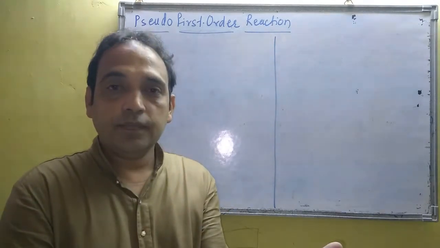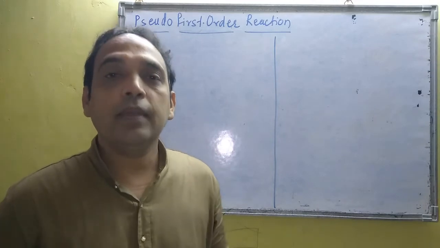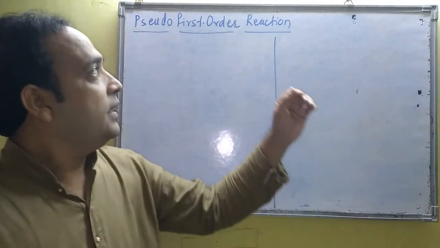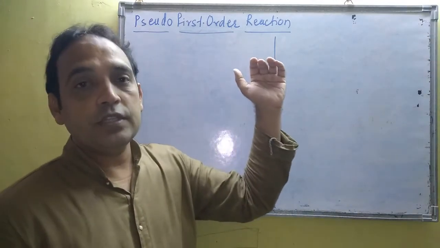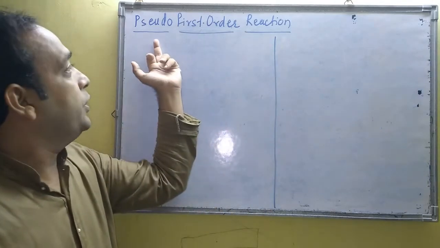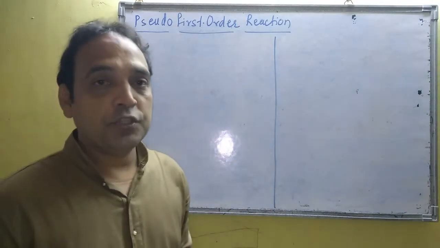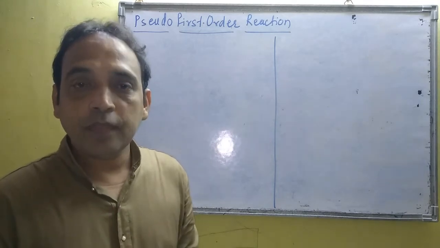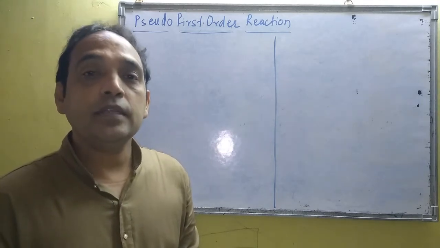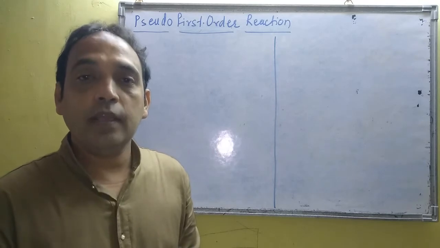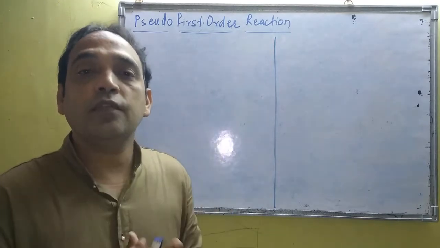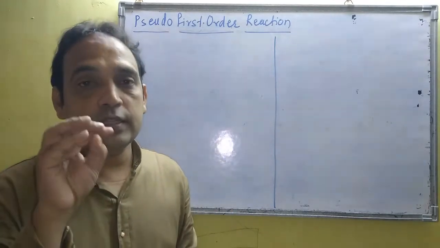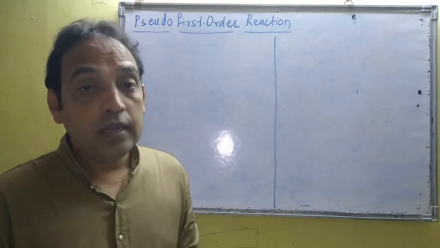Dear student, our current topic is chemical kinetics, and we are at the last stage of this topic, that is pseudo first order reaction. First order reaction we have already discussed: the reaction in which rate depends upon the first power of concentration of the reacting species is called a first order reaction.